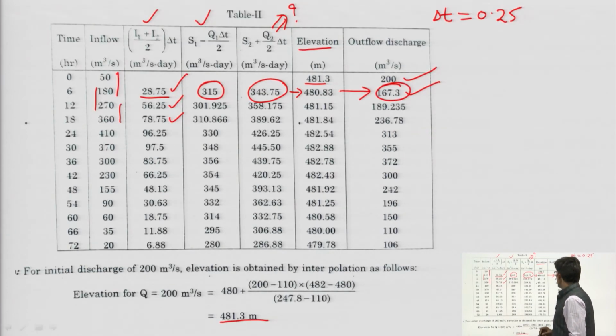Okay, next we need to find this value, 301.925. How will it be calculated?